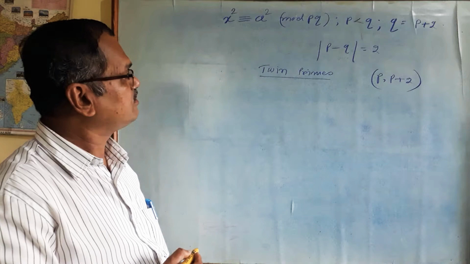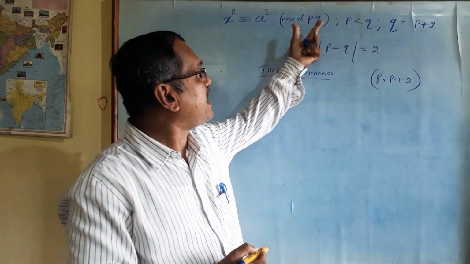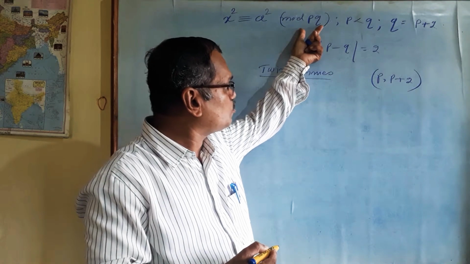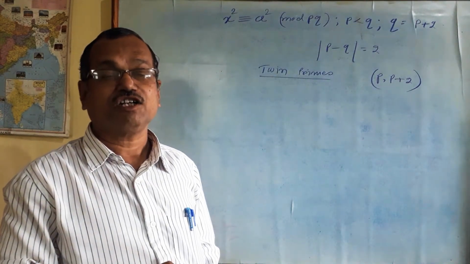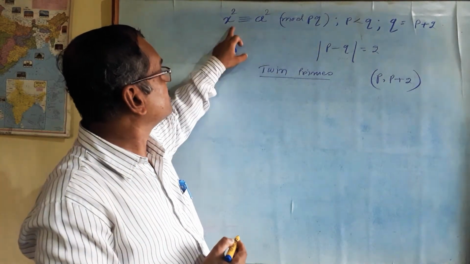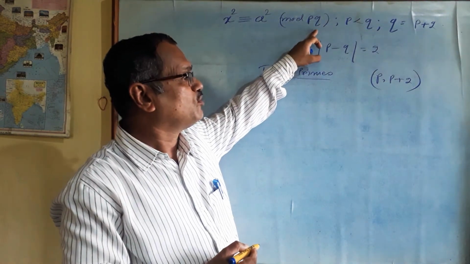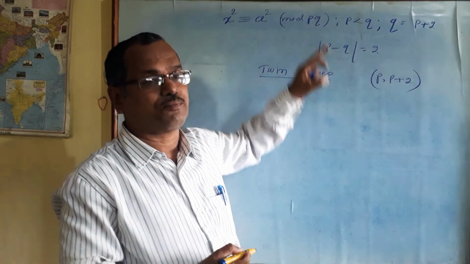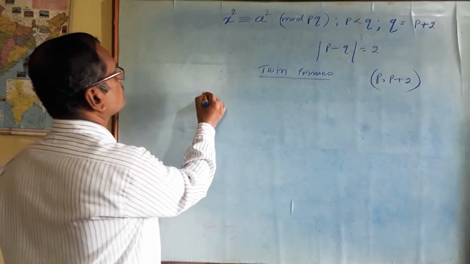So, a clear idea of what twin primes are: when p and q are odd primes and the difference between the two primes is 2, then we call them twin primes. Our consideration is the congruence x square congruent to a square mod pq, modulo a product of twin primes.